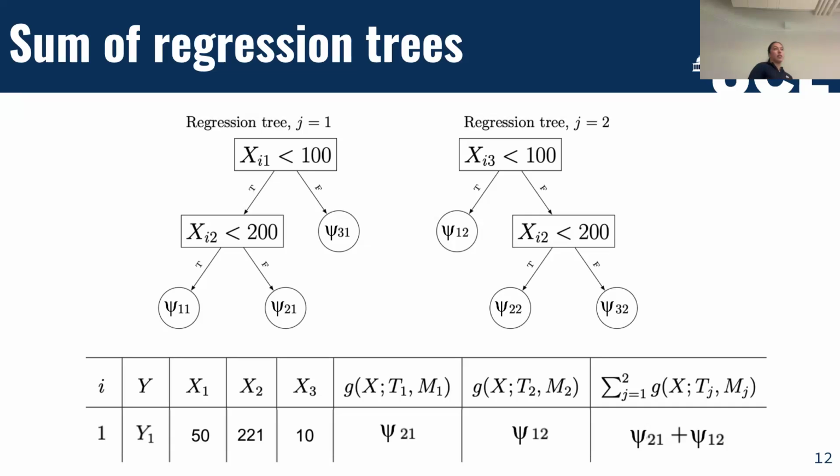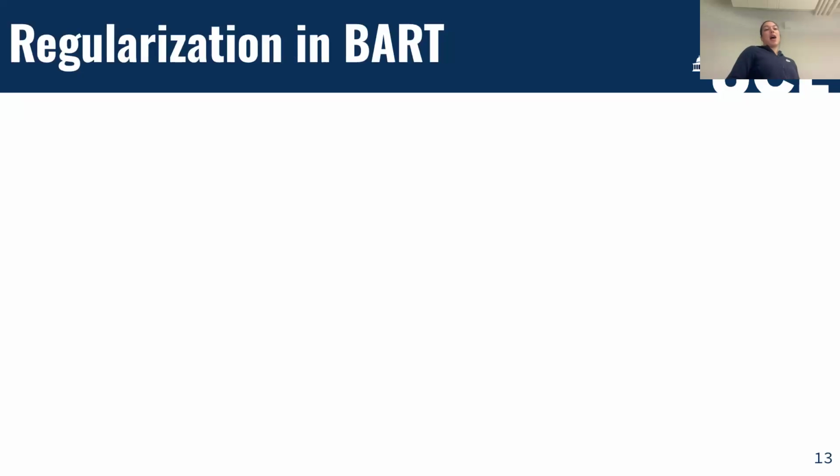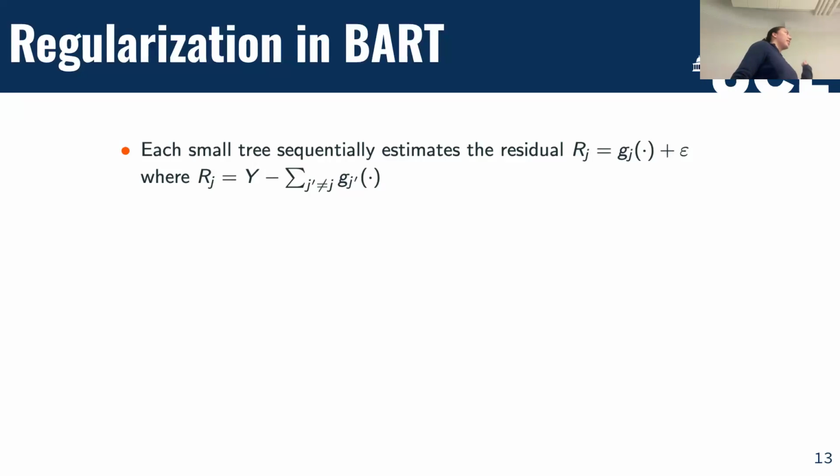So that's a bit of an idea of how BART works. I'm not going to go into full details of what the priors are or how we get the posteriors, but each small tree sequentially estimates the residual, which is essentially the outcome minus the sum of all trees apart from the j-th tree.